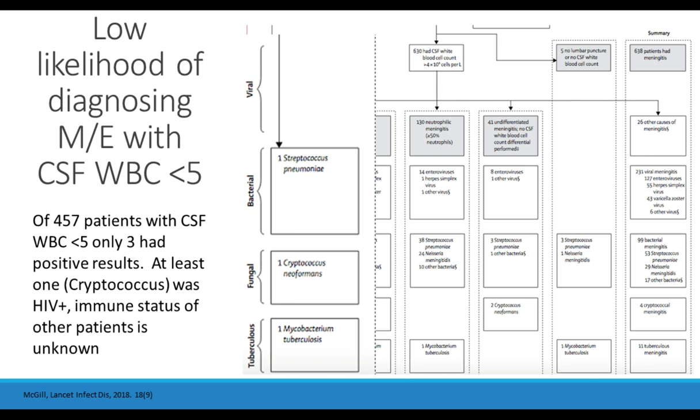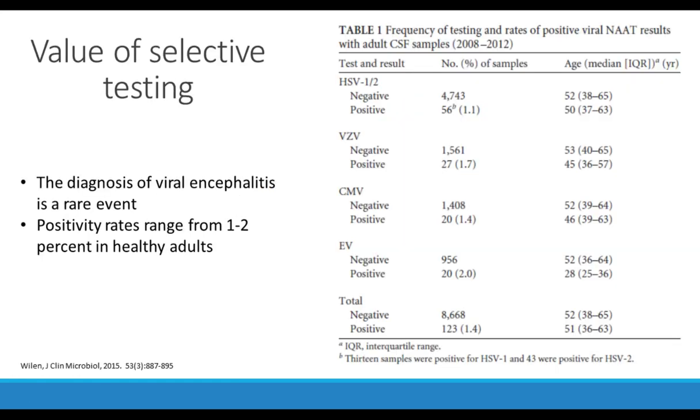Only 3 had positive results. One was Cryptococcus neoformans in a patient who was HIV positive. In 2 other cases, the immune status is unknown. So these could also have been immunocompromised patients, for whom we expect selective testing may not be of benefit.